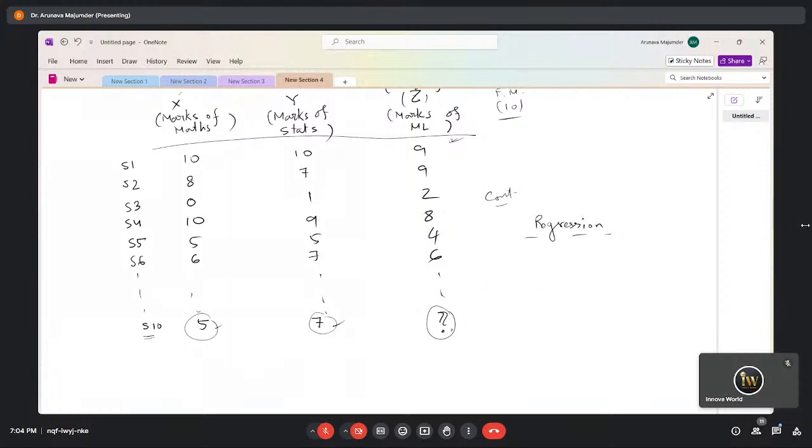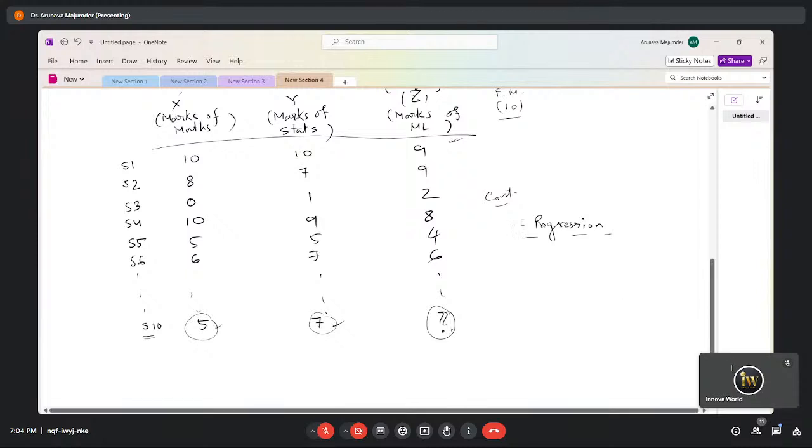It depends on us what type of regression we will apply. We can construct the model based on linear regression, and we can also construct the model based on nonlinear regression or some nonlinear model. Basically we need to check which model fits better. Understood?